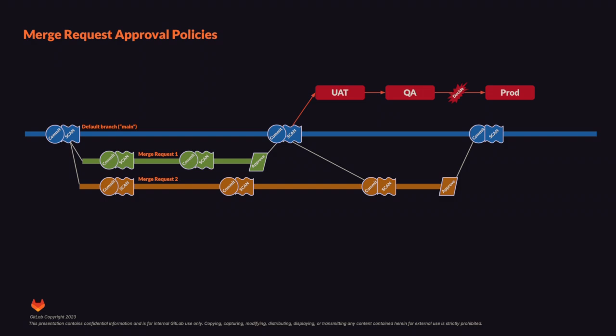But with scanning, you have this specific kind of merge request approval policy that says if certain severities of vulnerability are found by certain scanners, anything that's critical or high, for example, then that merge request requires additional approval from specific people, typically the security team.